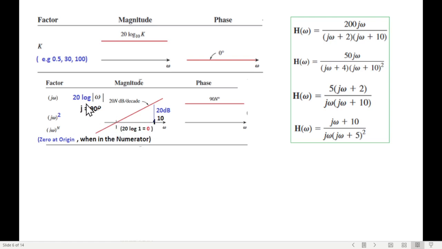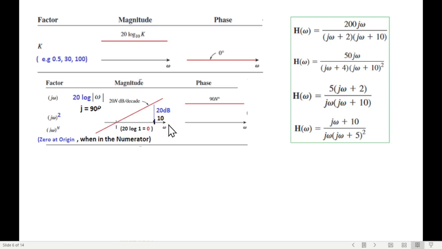The slope is 20 dB per decade. That means if we move 10 times on this graph, from 1 to 10, then the vertical axis should rise by 20 dB. This will be the slope of the graph, 20 dB per decade, and we can extend this graph all the way.